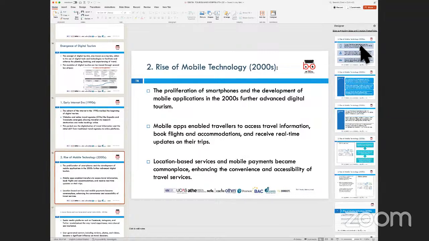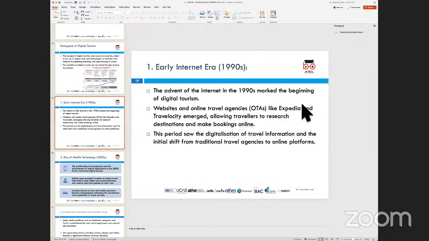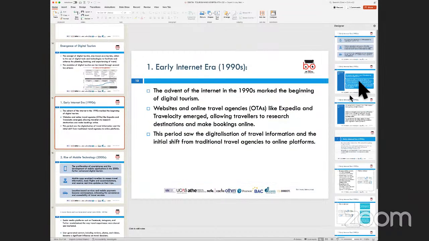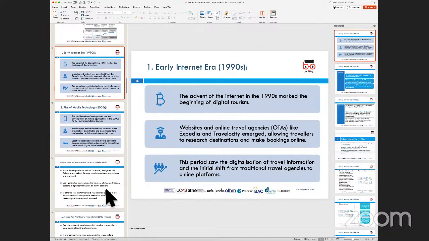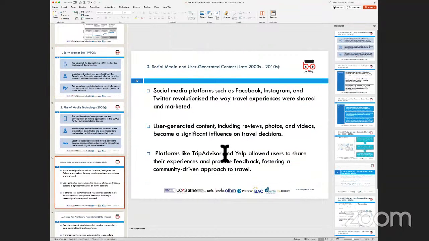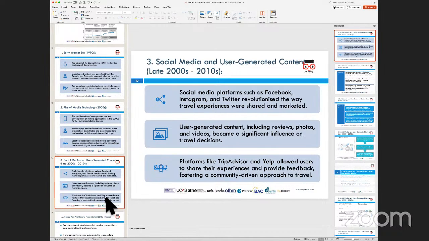And then over a point in time, with the coming in of the internet and advancements in mobile technology, it led to the creation of social media, which has made a significant difference.